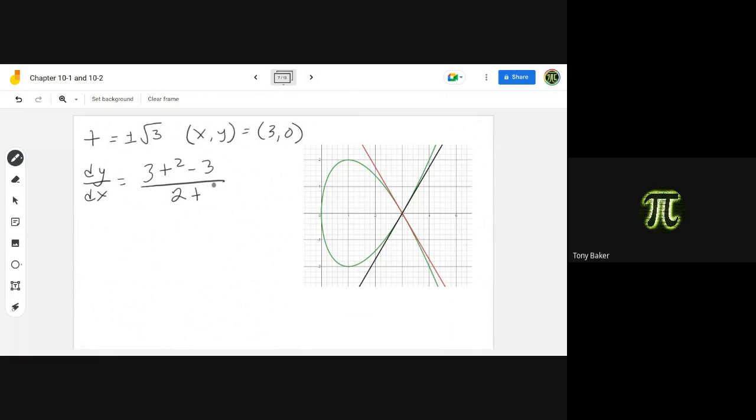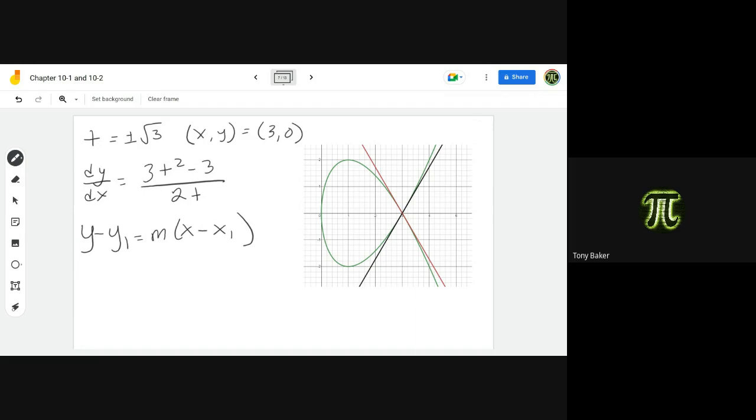So we know there are 2 lines. It wanted the equations for those lines. How do I find the equation for a tangent line? I personally would just use the point-slope formula: y minus y1 equals m times x minus x1.